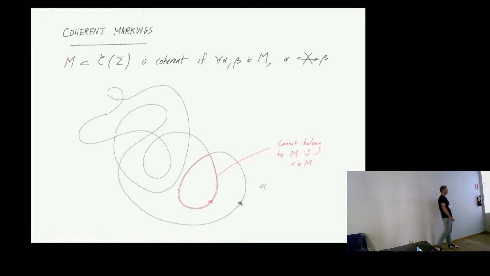Okay. And here's the main concept that's going to go into this. It's the idea of coherent marking. So what it is, a subset of all curves, okay, that have the property that if you have a curve in this subset and you take another curve in this subset, then one cannot be supported by the other.